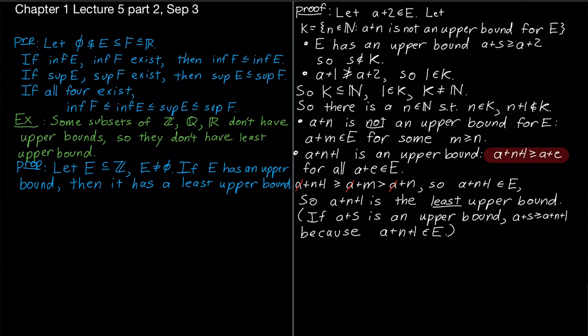So the integers have what's called the least upper bound property. That means that any set of integers, if it has an upper bound at all, it has a least upper bound. You can't get away from the requirement that it has to have an upper bound to have a least upper bound. For example, the set of all integers can't possibly have a least upper bound, but you do get that every set that has an upper bound has a least upper bound.